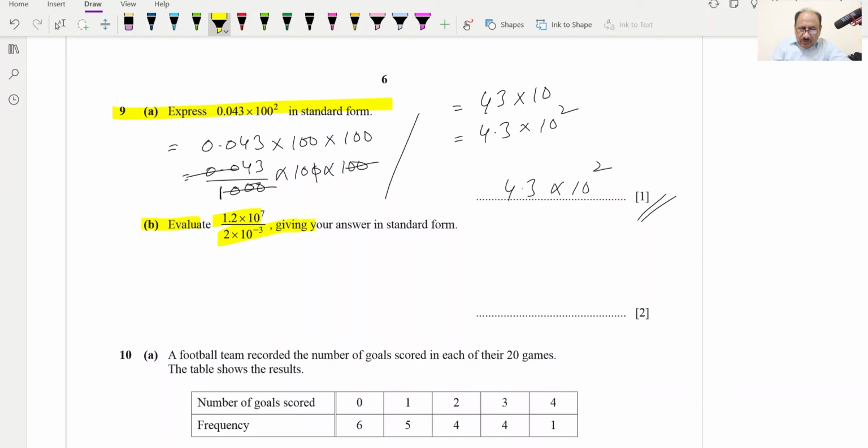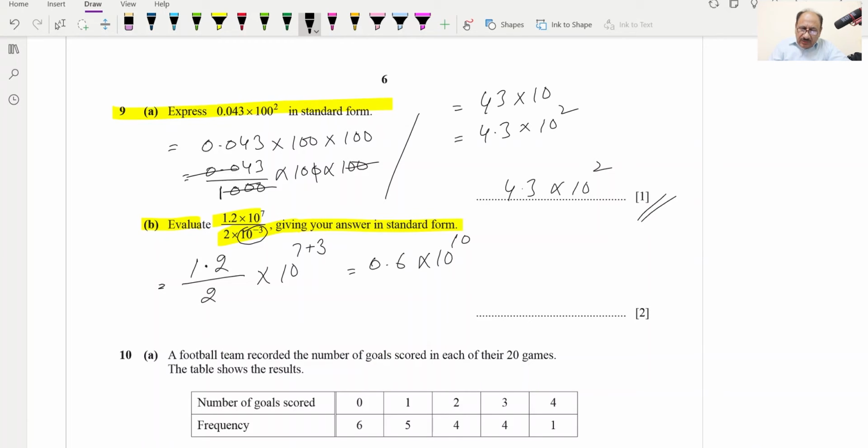Evaluate this one, giving your answer in standard form. So again we will be using the easiest way, which is 1.2 over 2 into 10 raised to 7, and this 10 raised to minus 3 we can shift above as numerator, so it will be plus 3. And if we divide 1.2 by 2, we will get 0.6. So this will be 0.6 into 10 raised to the power 10.